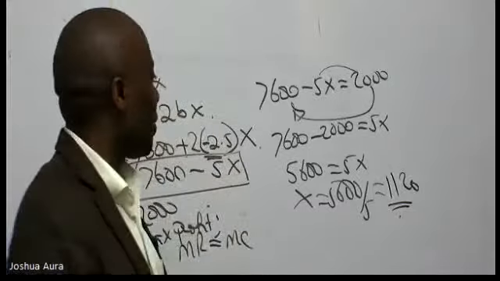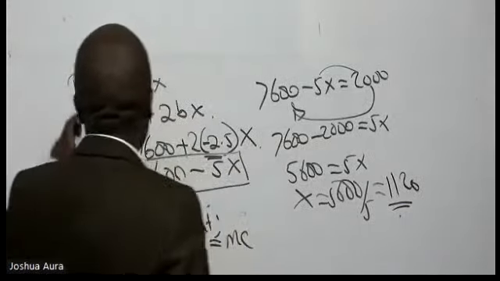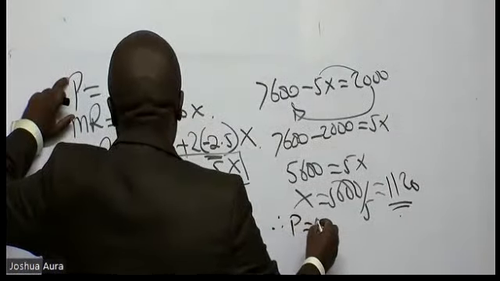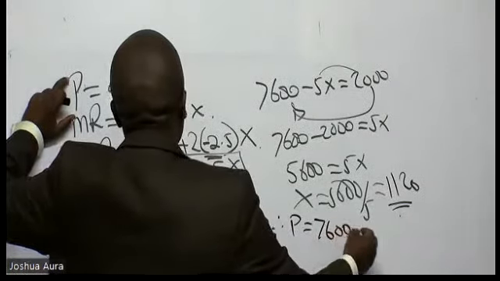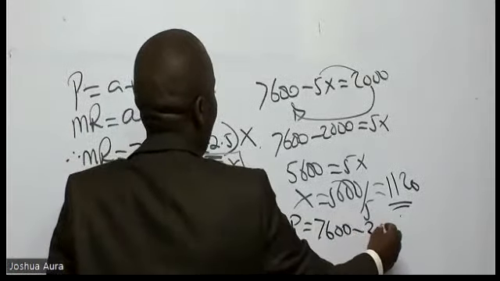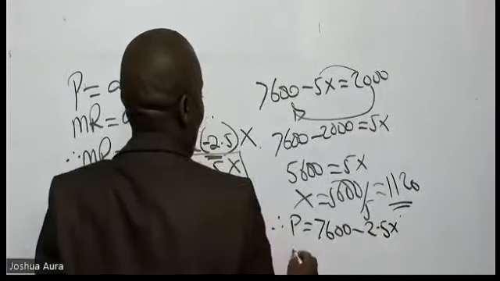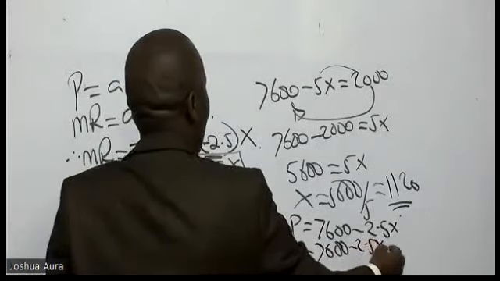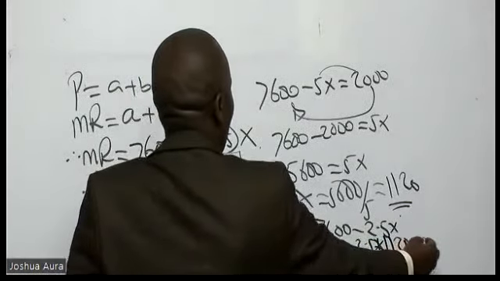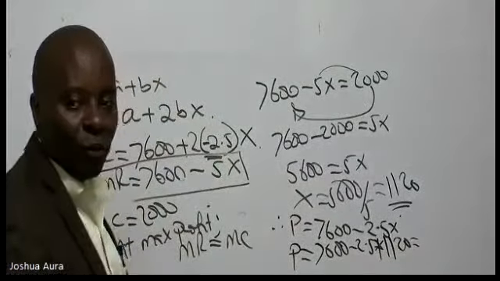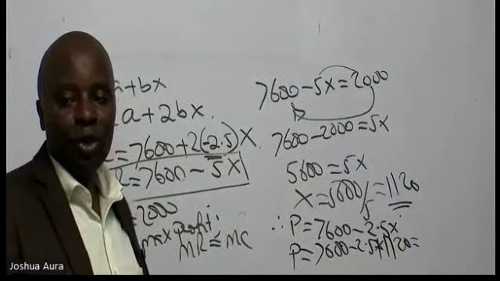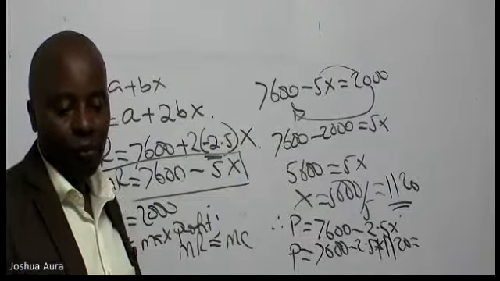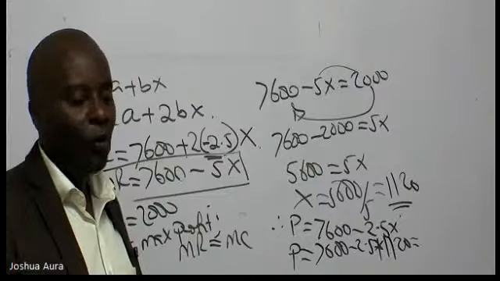Our price function was 7,600 minus 2.5X, which is 7,600 minus 2.5 times 1,120, which will end up giving me what figure as my fees? 1,400.